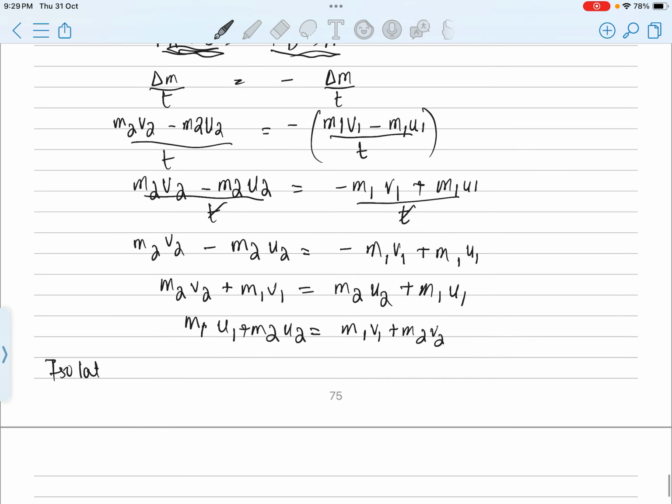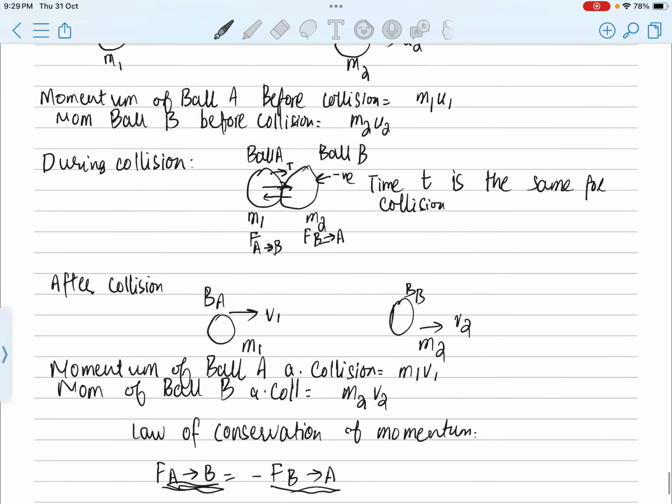So this is the momentum before collision equals momentum after collision, in an isolated system in which there is no external resultant force.